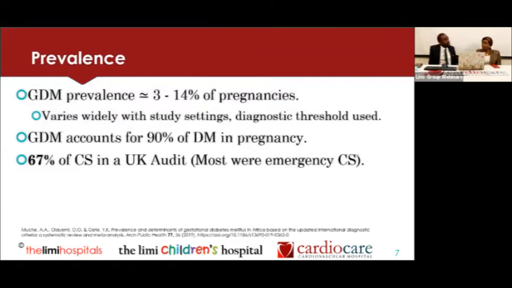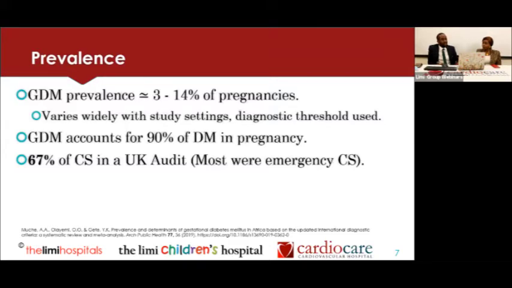I saw a patient late last year who had about 3 miscarriages before, all in the late first trimester or early second trimester, and nobody ever did a proper OGTT for her. Thankfully, when I screened her, she was out of pregnancy.